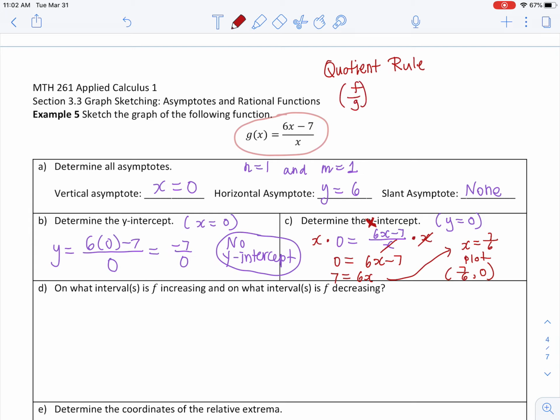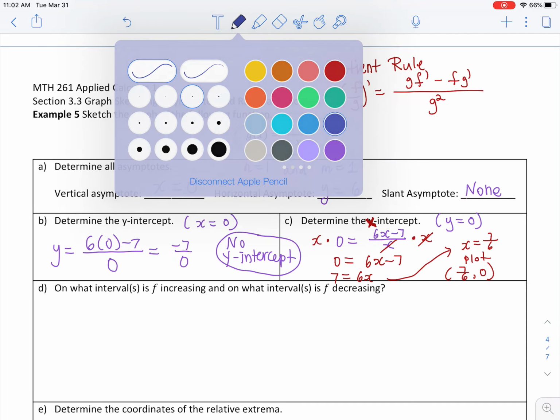You use that when you're taking the derivative of a quotient, and we usually write it as f over g prime. f is the function in the numerator, g is the function in the denominator. Remember, the denominator is simply going to be g squared, and the numerator is going to be g f prime minus f g prime. Okay, so that's the quotient rule.